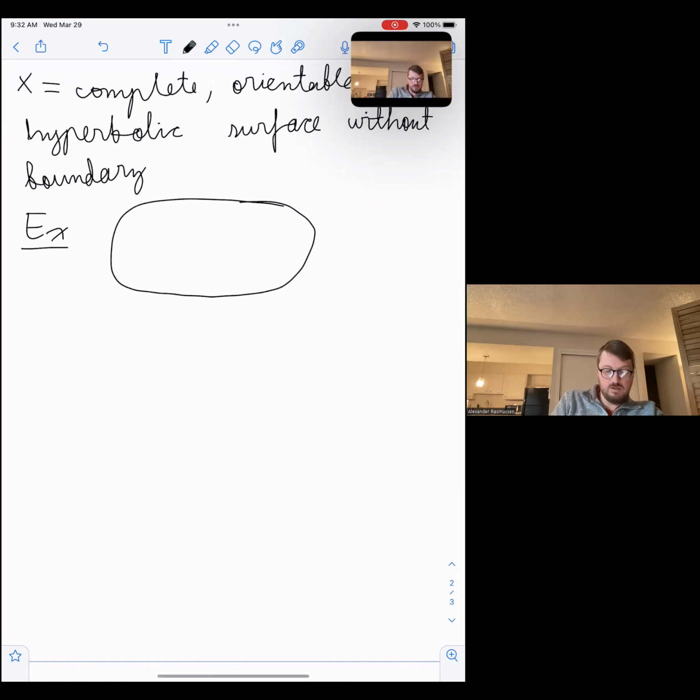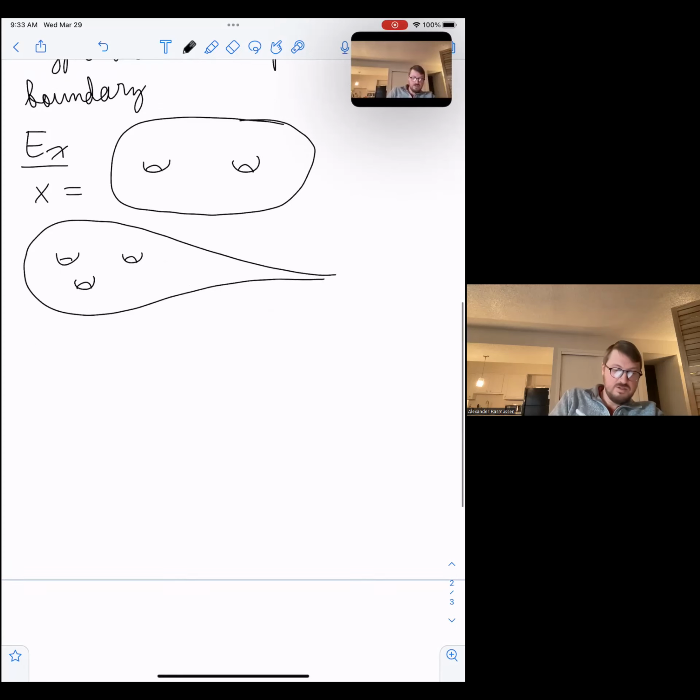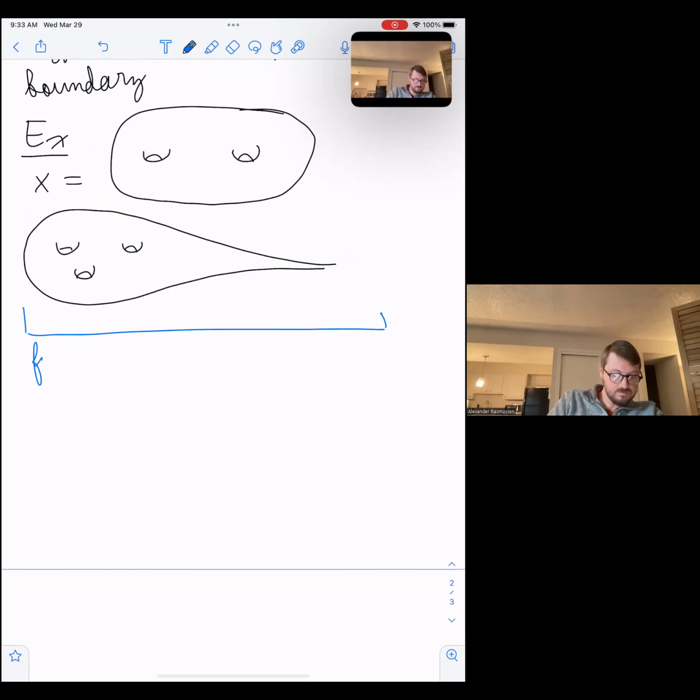Maybe we have a closed genus 2 surface, or maybe our surface has a cusp. That's certainly allowed. But these two examples are both what we would call finite type surfaces. And finite type just means finite genus with finitely many punctures.